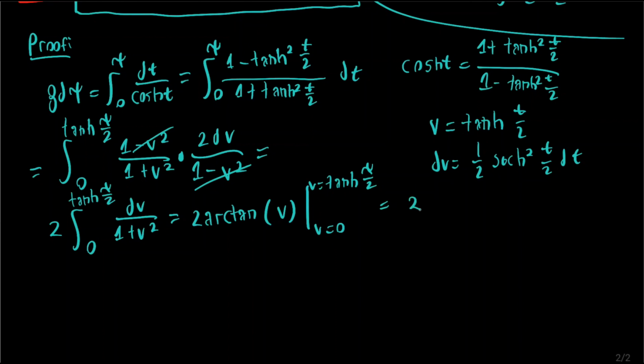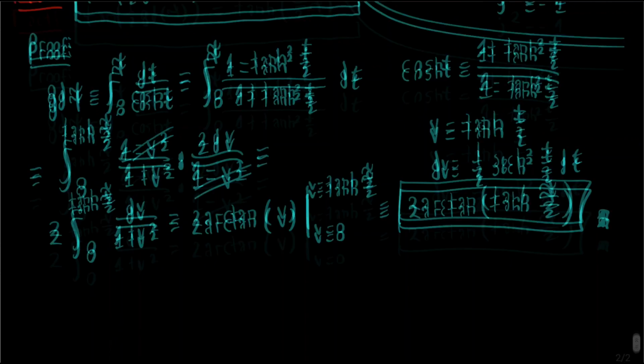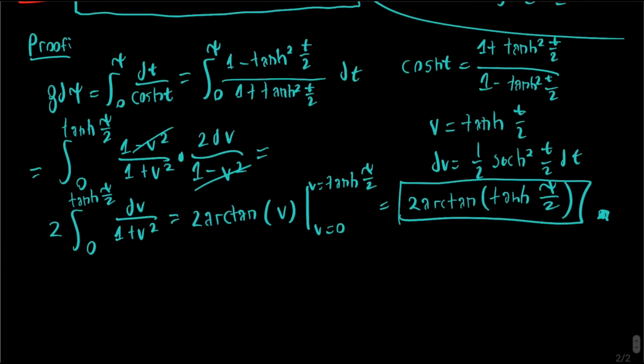This reduces to 2 times the arctangent of the hyperbolic tangent of psi halves. And this concludes the proof of our result. In fact, what we obtained was that the GD of psi is equal to 2 times the arctangent of the hyperbolic tangent of psi over 2.